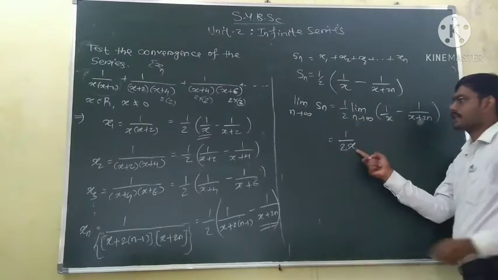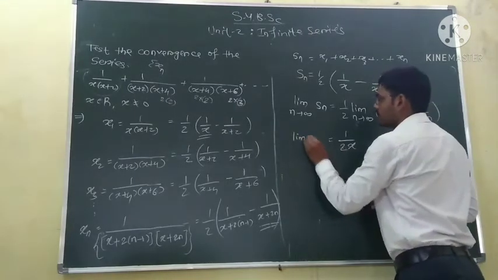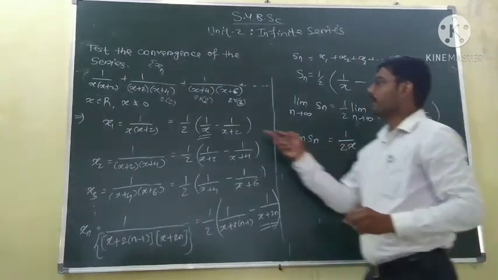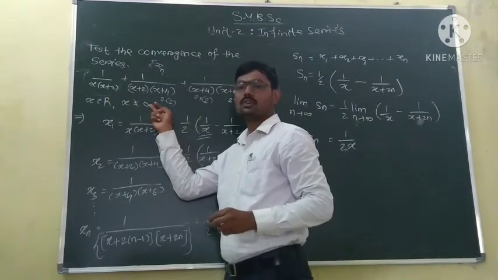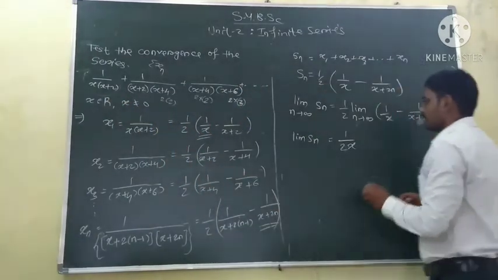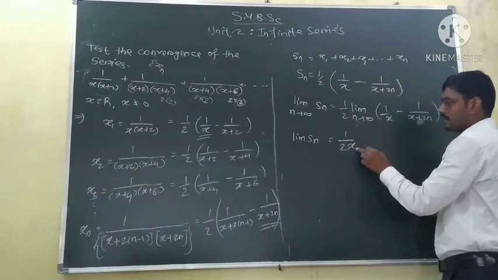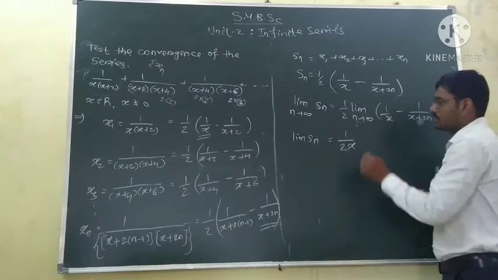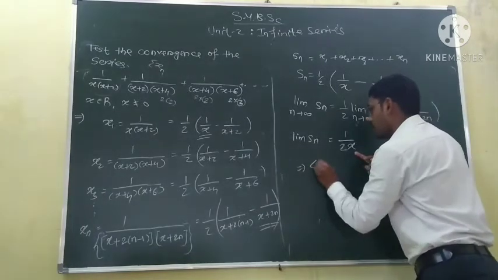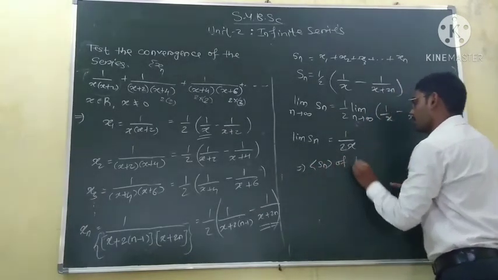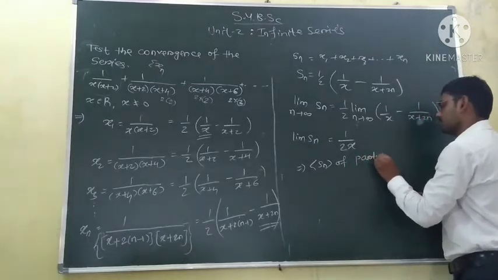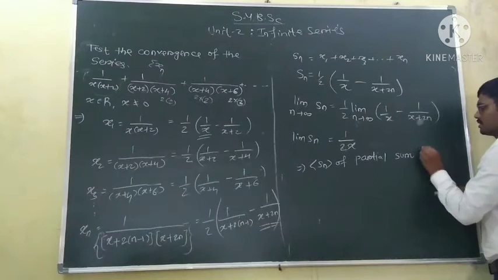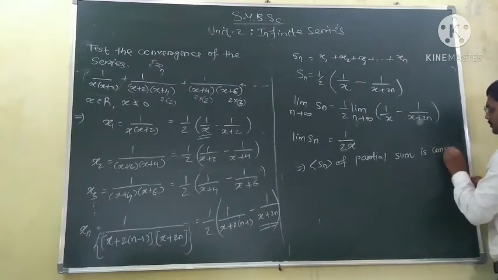So the limit of Sn is equal to 1 upon twice x, and here x is a real number not equal to 0. So 1 upon twice x is again a real number. This implies the sequence Sn of partial sums is convergent.